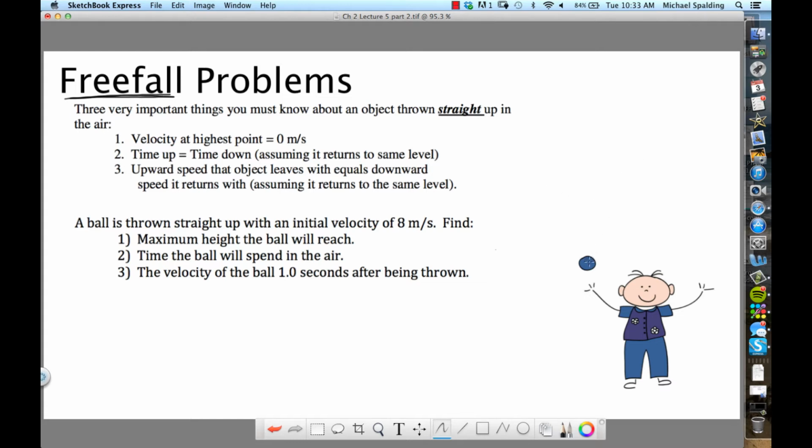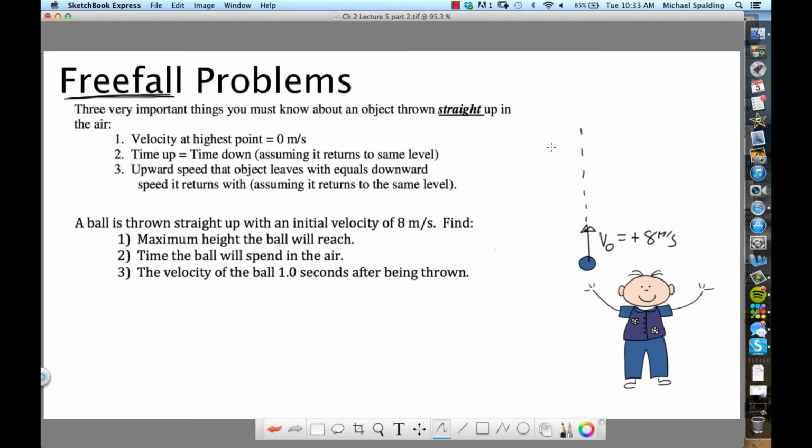So look, here we have a kid throwing a ball up in the air. We're told over here that the initial velocity is 8 meters per second. The ball goes up, up, up. Now, as the ball is going up, is it in free fall? It is, which is why I'm making this real clear.